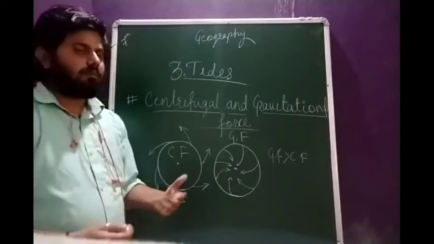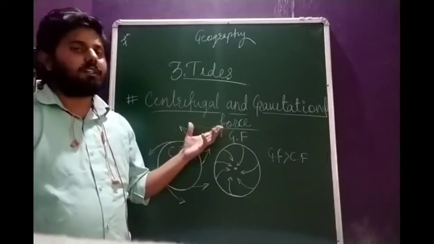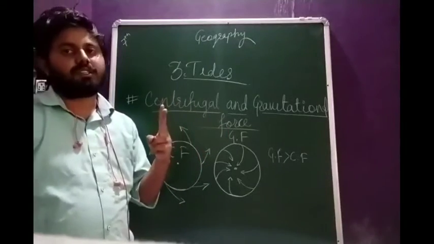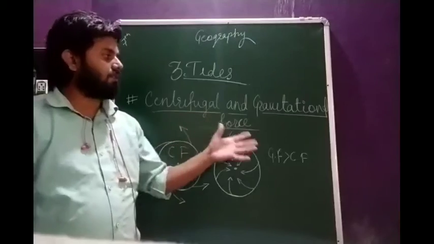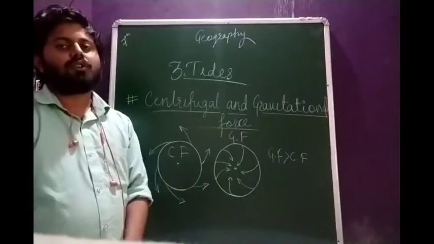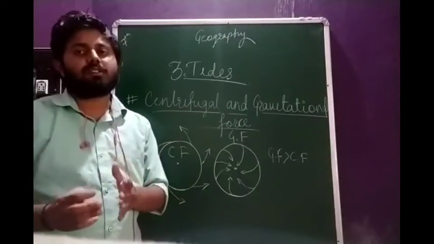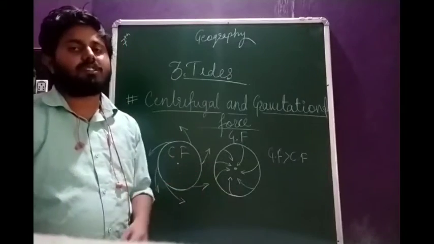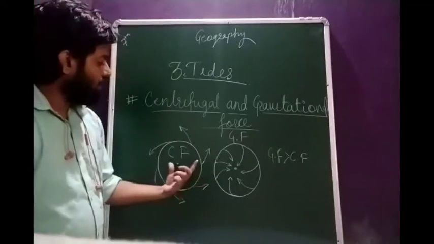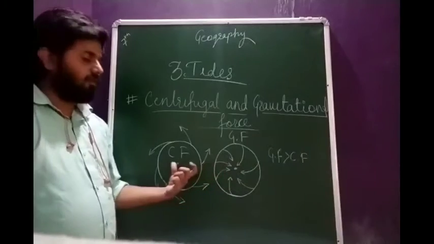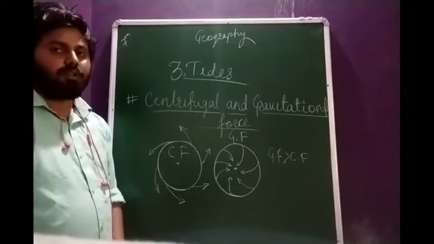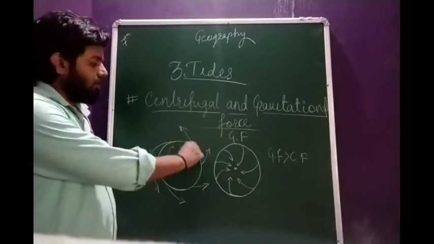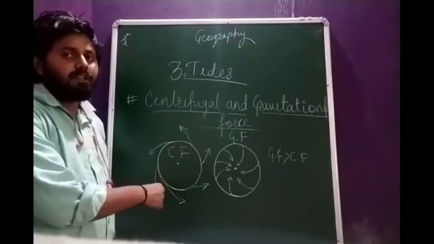So the most important part in the tides, there are two forces, gravitational force and centrifugal force. So let's first learn what is gravitational force and what is centrifugal force. As you can see the two figures on the board, both plates are rotating, right?